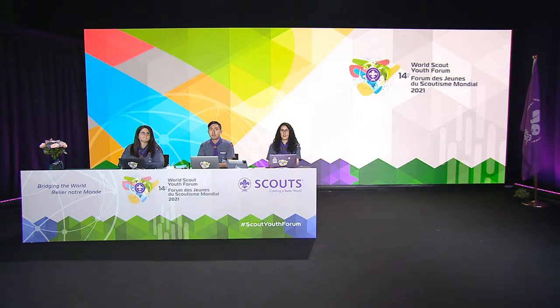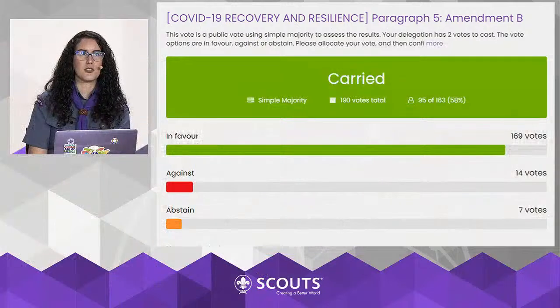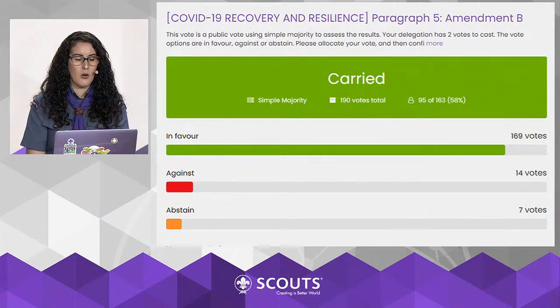Thank you, delegations. The vote is now closed. So we'll be announcing the results by each amendment. So for the amendment to sub-bullet point B, the results are, as shown on the screen, 169 votes in favor, 14 against, and 7 abstentions.